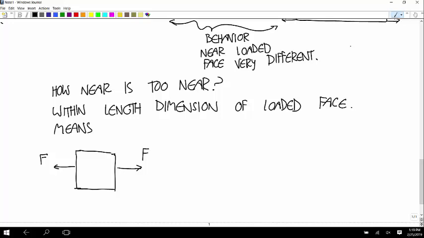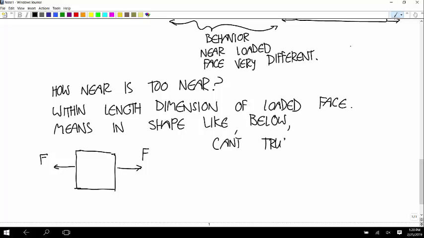The profile of stresses is too complicated. So it means in a shape like the one I drew below, you can't trust the stress values anywhere.